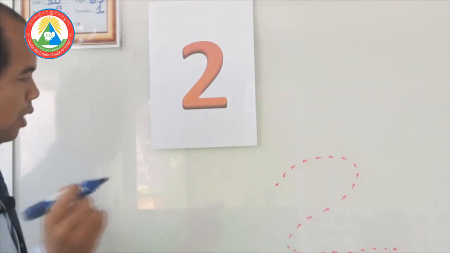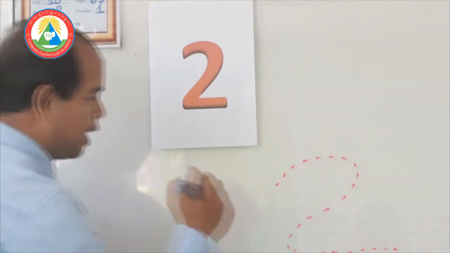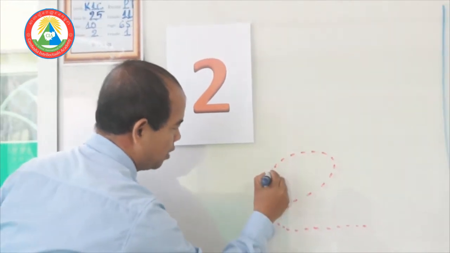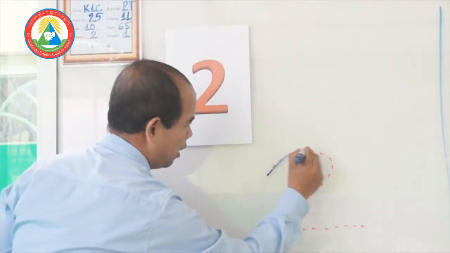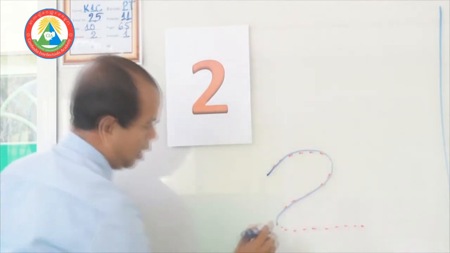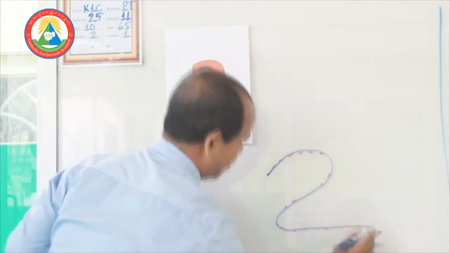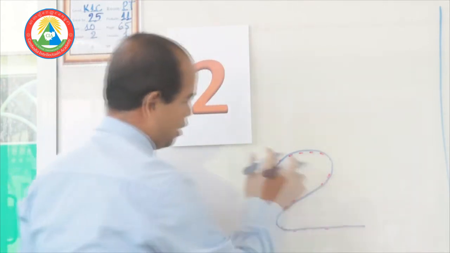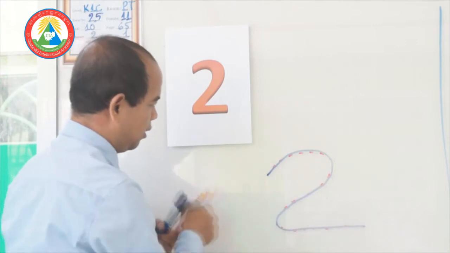Yeah. So look at me very carefully, everyone. When we start to write number 2, we start from this point, from the top, like this, and then we go like this. Number 2, yeah, you can see.